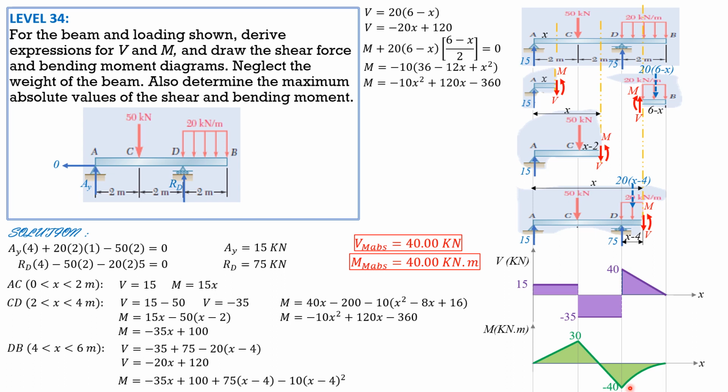Then when x is 6, negative 10 times 6 squared plus 120 times 6 minus 360 should be 0. And we should connect 0 and negative 40 with a concave downward curve because the coefficient of the second degree term is negative. So it is concave downward. So this is the shear and moment diagram. The absolute maximum shear is 40. Let's shade it. Let's shade them first.